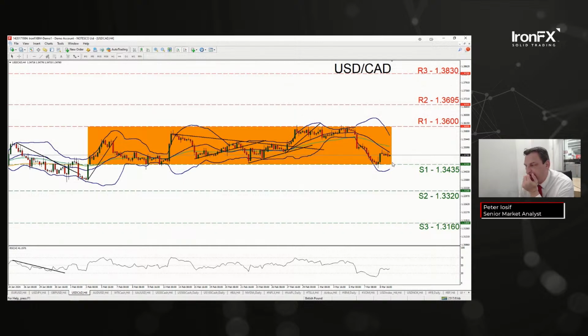So for the time being, with a correction lower of the S1, the sideways motion seems to continue.